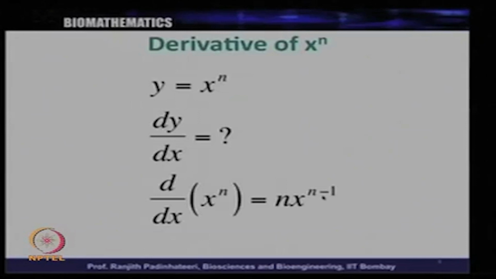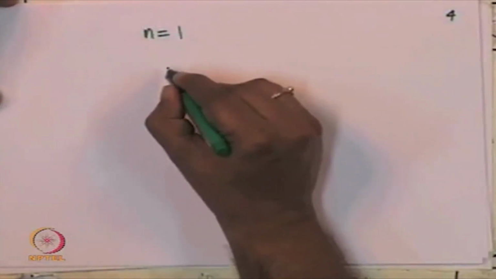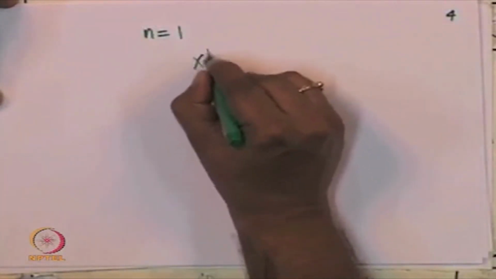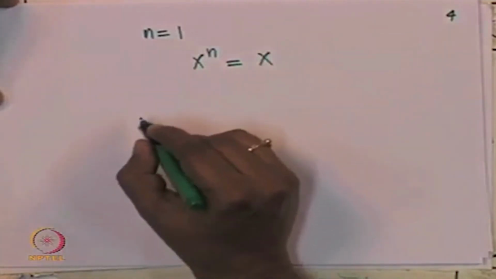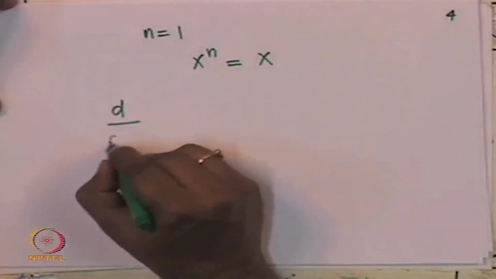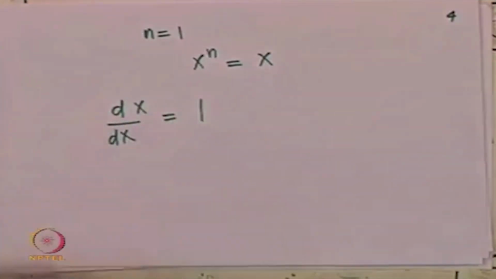So let us take some examples. We already saw some examples. We already saw the first one. When n equal to 1, x power n is x. So the derivative of x is 1.